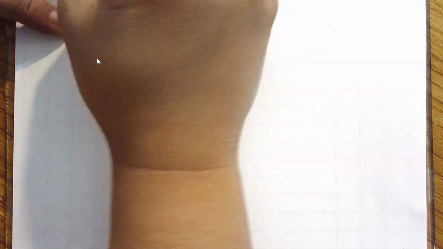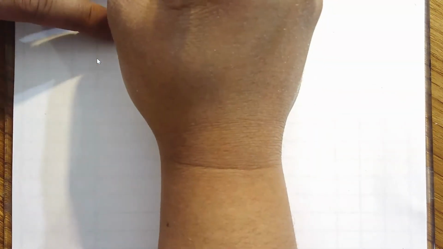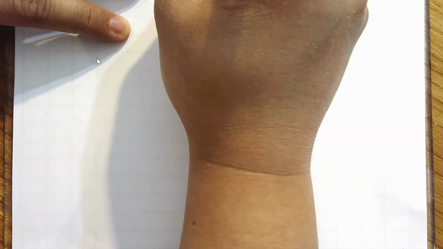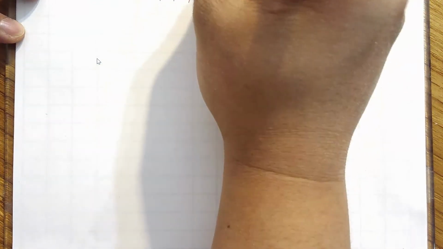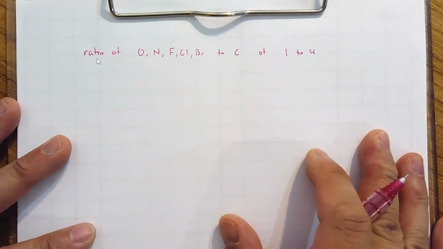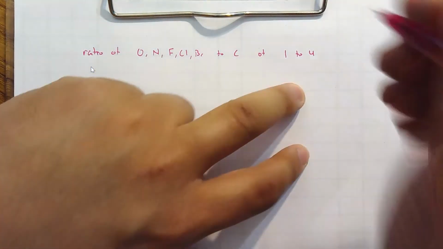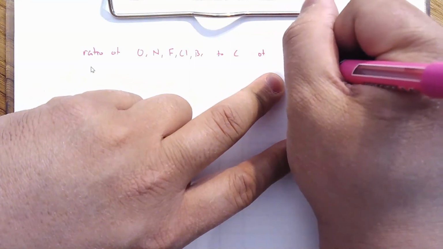I'm going to say if you have a ratio of oxygen, nitrogen, fluorine, chlorine, halogens to carbon of, let's say, 1 to 4 or better. So if you have 1 oxygen for every 4 carbons, then you're going to be polar. So 1 to 4 or more.